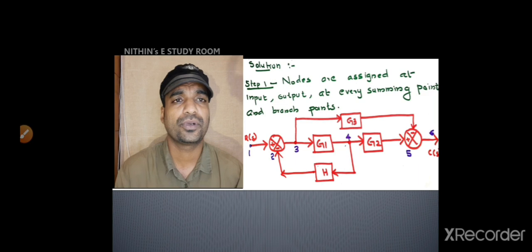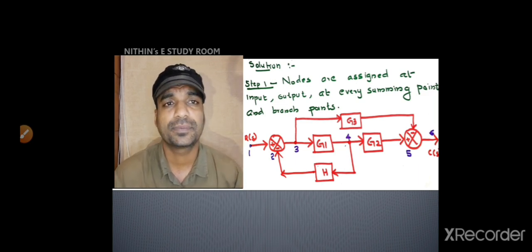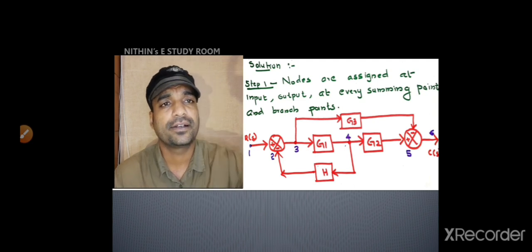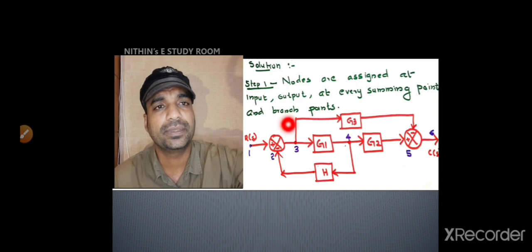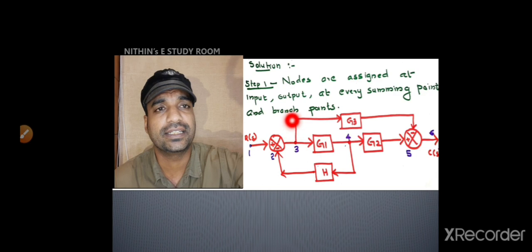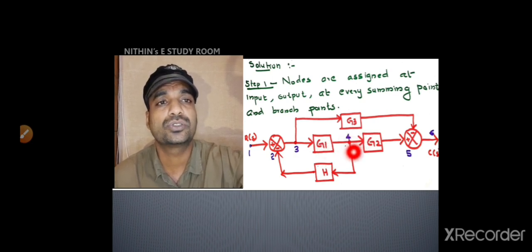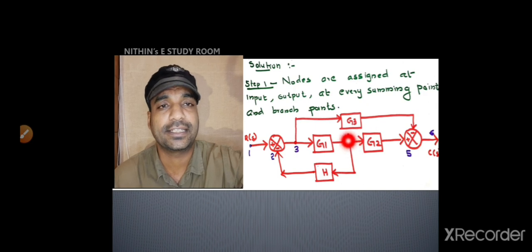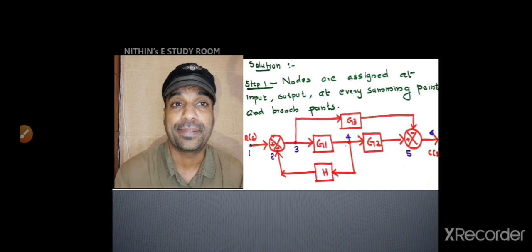At every summing point and branch, we have to assign nodes. So in this figure, we can see 2 branches are initiating in between. That is, in between the summer block and G1, a new branch is initiating. It's a branch point. And in between G1 and G2, there is also a new branch initiating. That is also a branch point. So 3 and 4 are branch points.